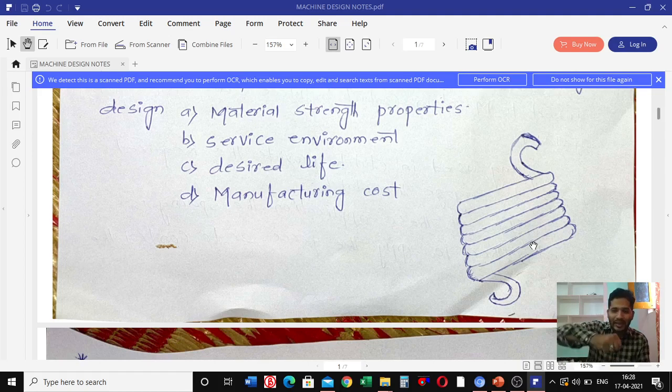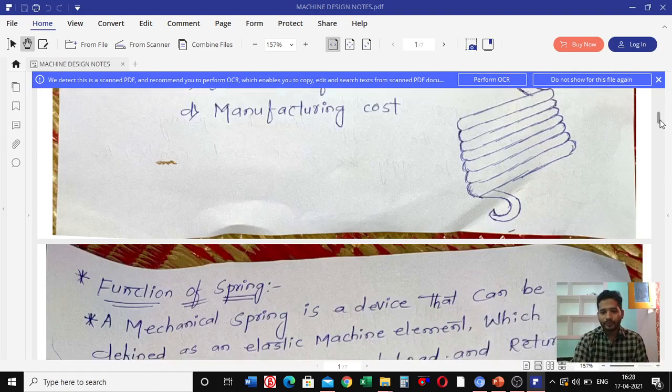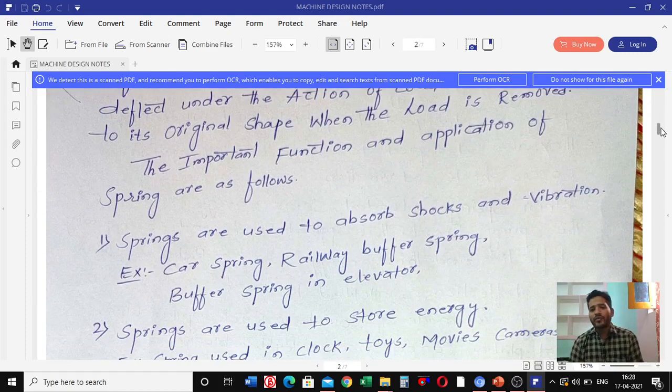If you apply a tensile load from both sides, it will elongate, it will deflect, and the number of turns of the coils will be elongated. If I remove the load, then what will happen here? It will occupy the same position of the spring. Is it right? Again, the important functions and applications of the springs we need to follow.